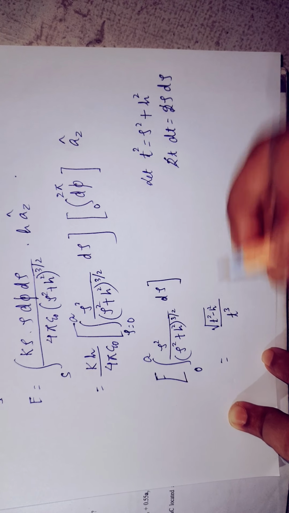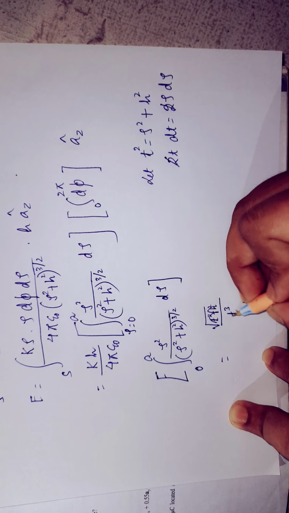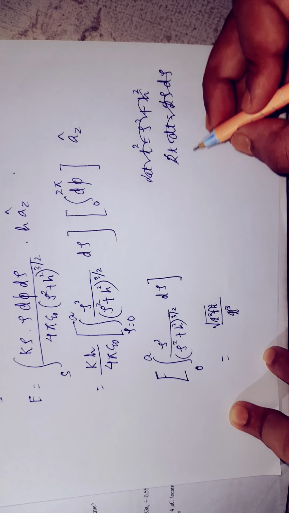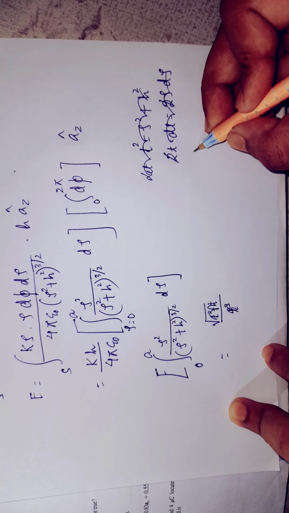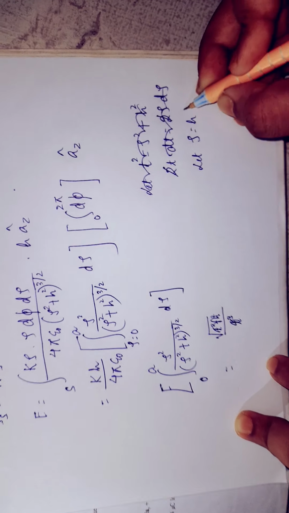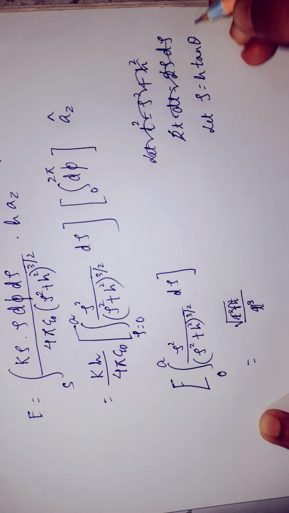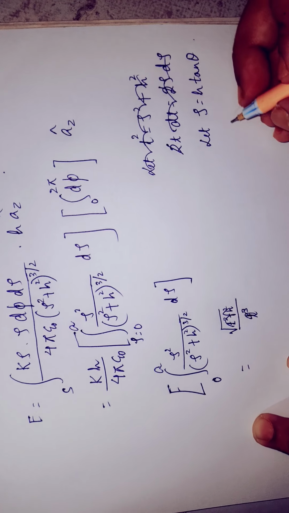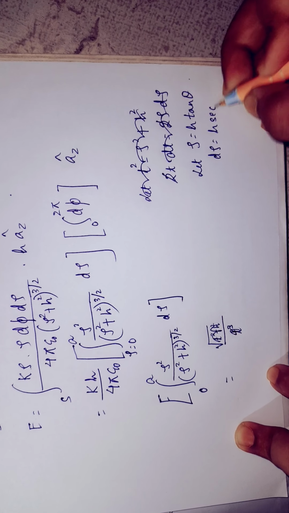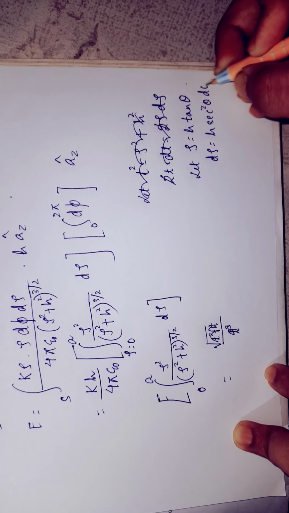Wait, I think, let me not integrate it in this way. Let me take another assumption. Let me not take this assumption. Suppose rho is equal to h tan theta. I think this will be a better way to integrate this. Then d rho is equal to h sec square theta d theta.